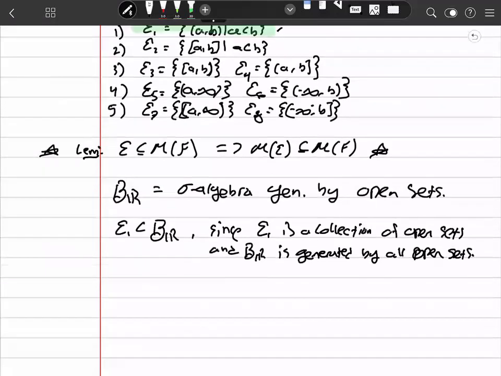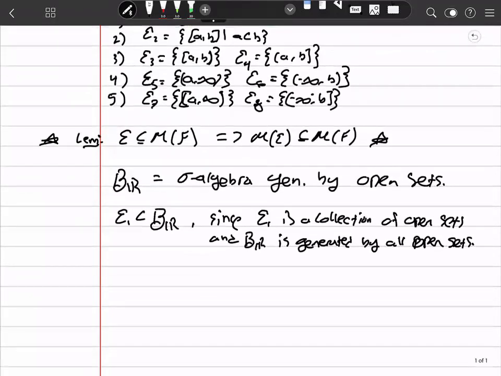Okay, so that's good. So this implies that the sigma algebra generated by E1 is contained within the Borel sigma algebra. Now we have to go in the opposite direction too.